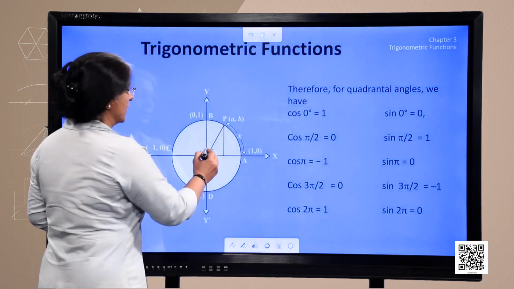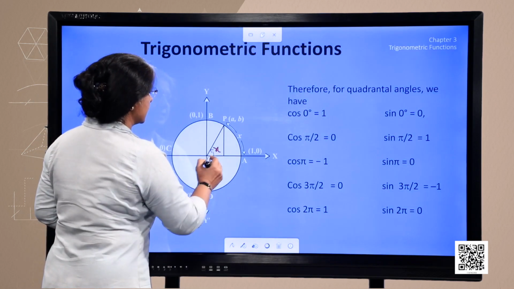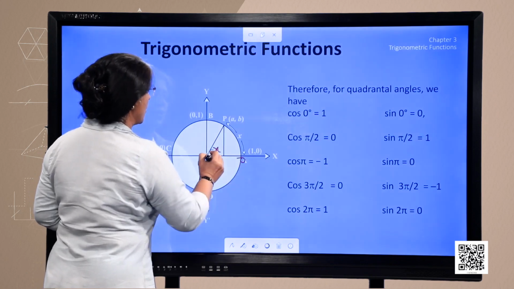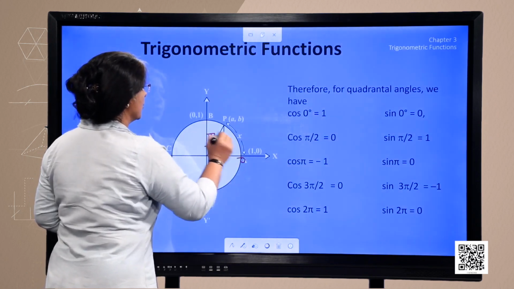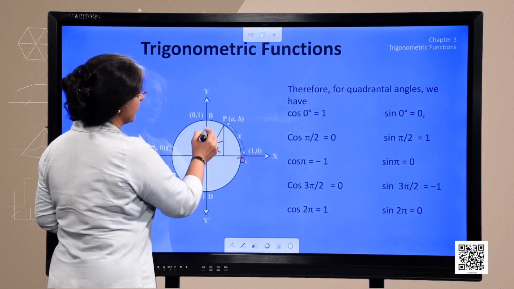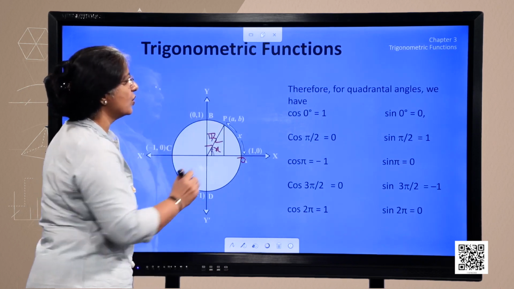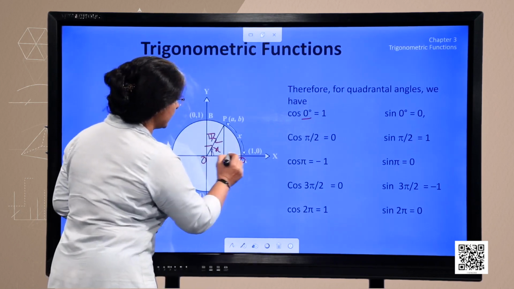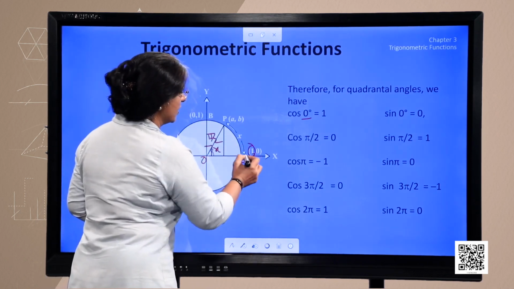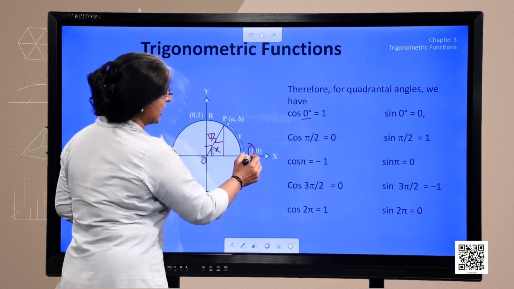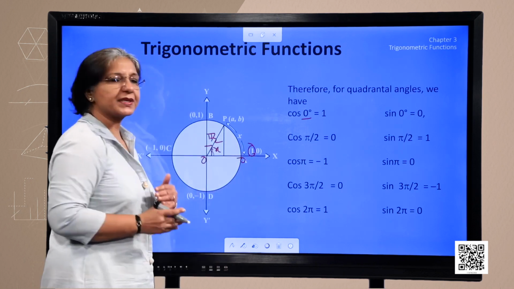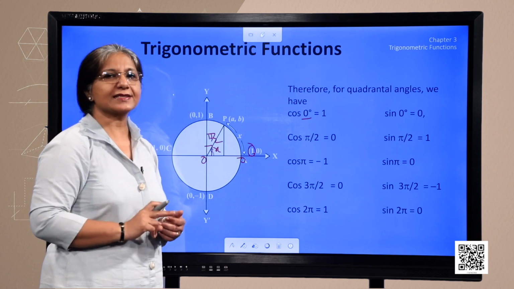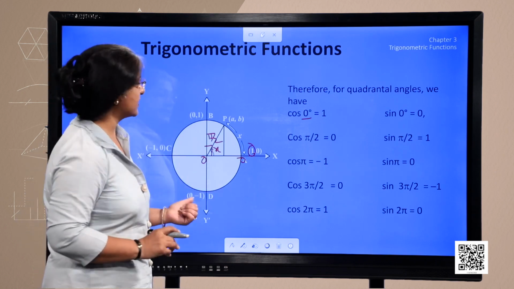Now, this is X, where this is 0 and this is pi by 2. The coordinates of the point A, 1 and 0, represent the values of cos X and sin X as we have described earlier.